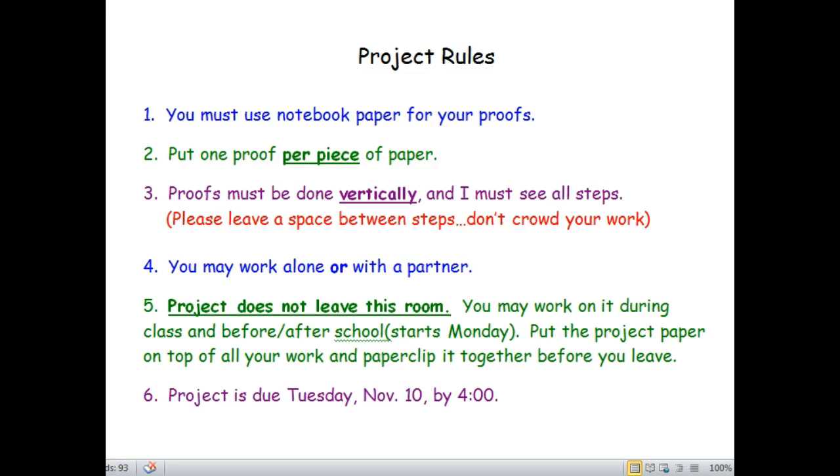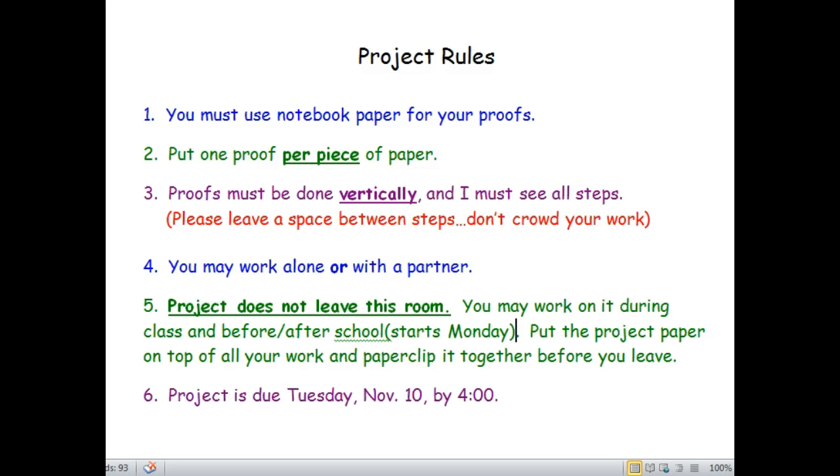You're going to be putting the project paper, that is the paper that has your problems on it, on top of all your work and paper clipped together before you leave. Now, the final day, I want everything stapled together. But until then, everyone will get a paper clip just to kind of keep all of your stuff together.